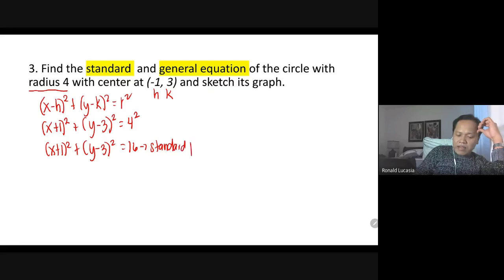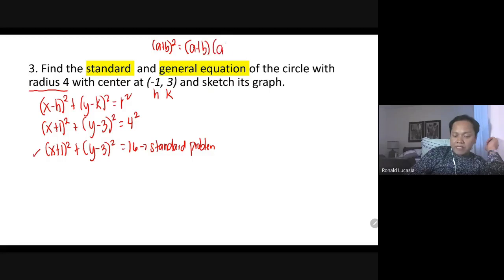Now the problem asks to find as well the general form. So we'll have to expand this one. And expanding that, it's the same as a plus b quantity squared. Remember this form? That's a plus b times a plus b. So a times a, it's a squared. A times b, that is positive ab.